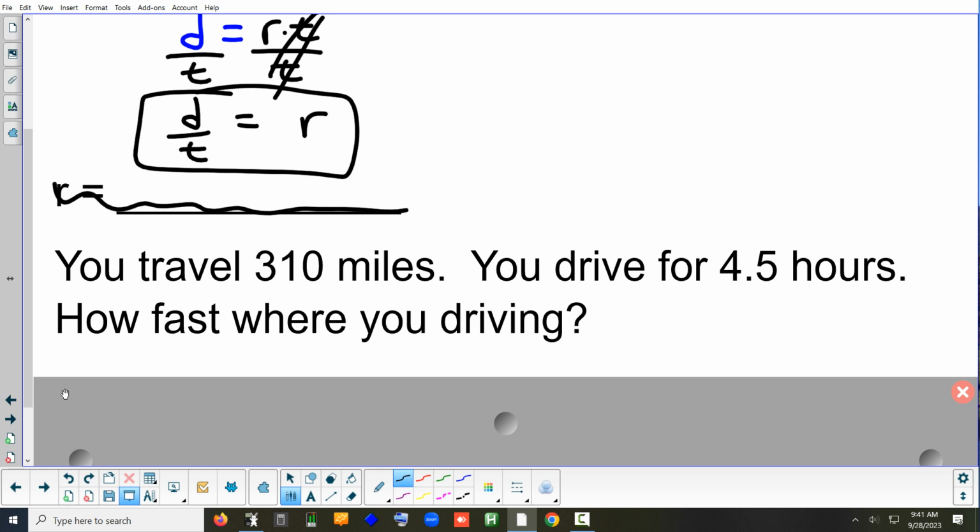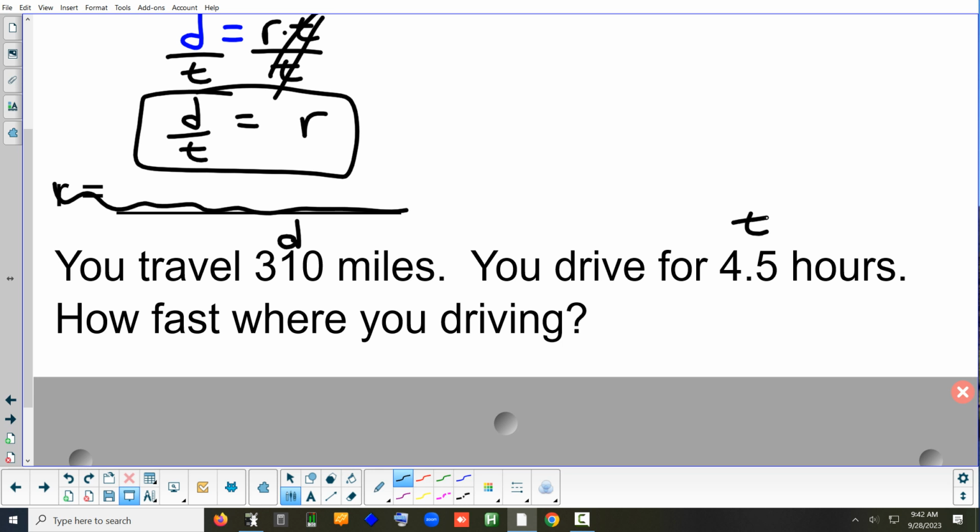Is that D or is that a T? That's D. That's a distance. You drive for 4.5 hours. That's a T.